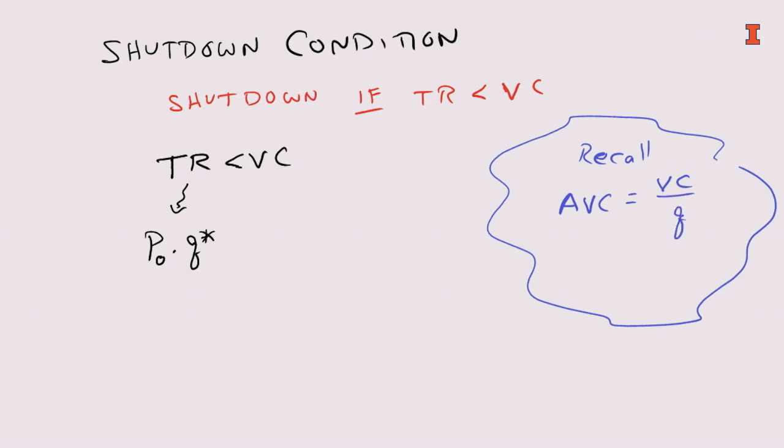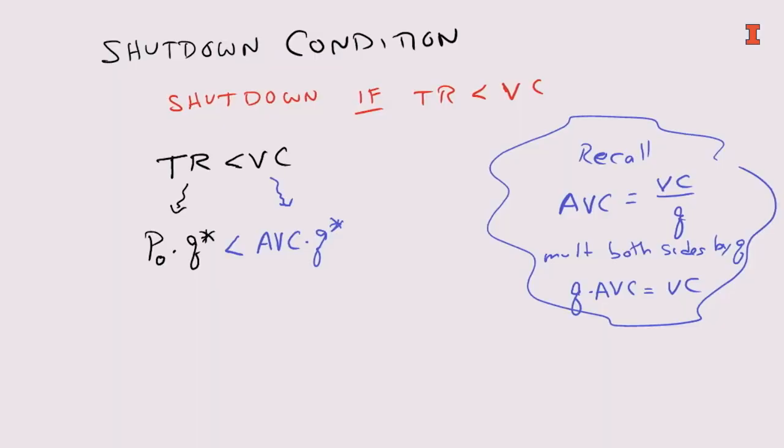So if I multiply both sides by Q, I would get Q times average variable cost equals variable cost. And so I can substitute over here and say I want to pick average variable cost and multiply it times Q star.